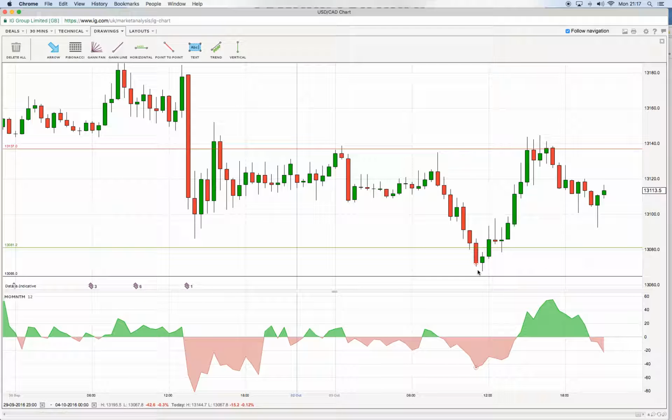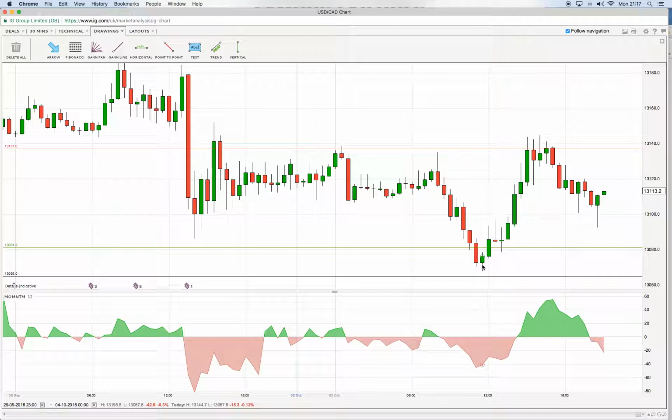What we see here is a candlestick, and we're looking at the lows, in particular, for a long trade. We're looking at the lowest low, which is 1.3070, with a momentum reading of minus 45.